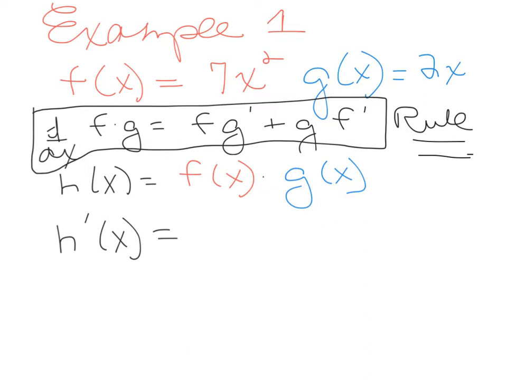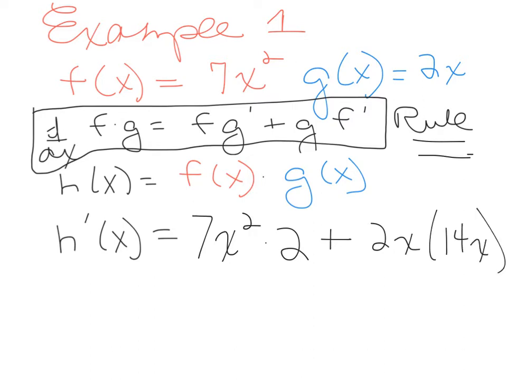So therefore, h prime of x will be left. So looking up at left, I have 7x squared d right, and that's going to be times 2, plus right, and that's going to be our 2x, d left, and that'll be 14x. So let's clean this up a little bit. 2 times 7 is 14.